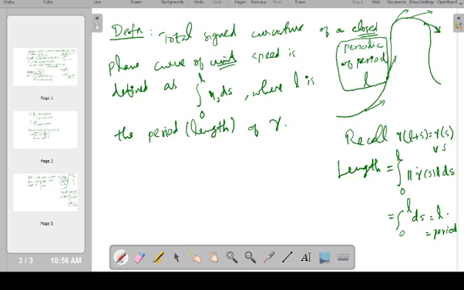This curve is not closed. For closed curves, we are defining total signed curvature. So this figure may not be appropriate here. So let me remove this.